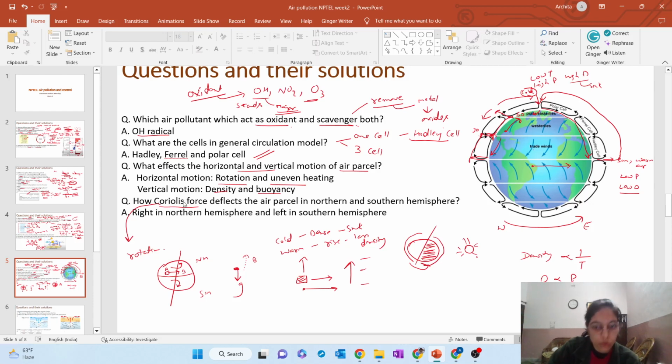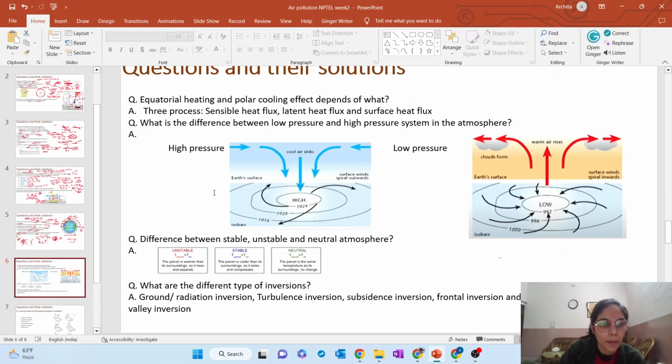So the Coriolis force which acts on a particle in horizontal motion due to rotation of the earth moves the particle towards the right in the northern hemisphere and towards the left in the southern hemisphere. So this force is very important. Okay, let's move towards other questions.